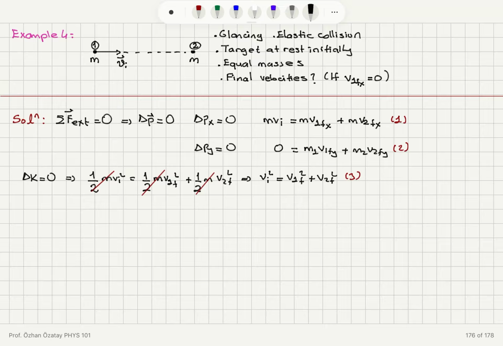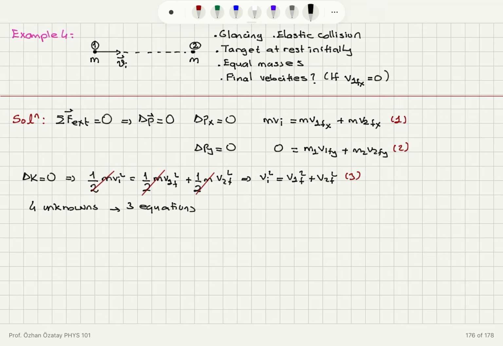So you see, I don't know V1 final x, I don't know V2 final x, I don't know V1 final y, I don't know V2 final y. This gives me 4 unknowns in general and 3 equations.